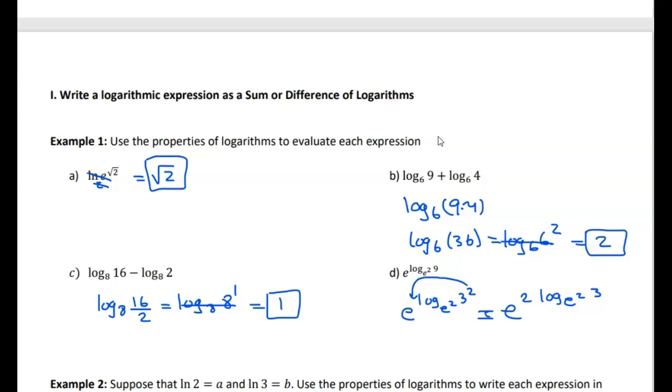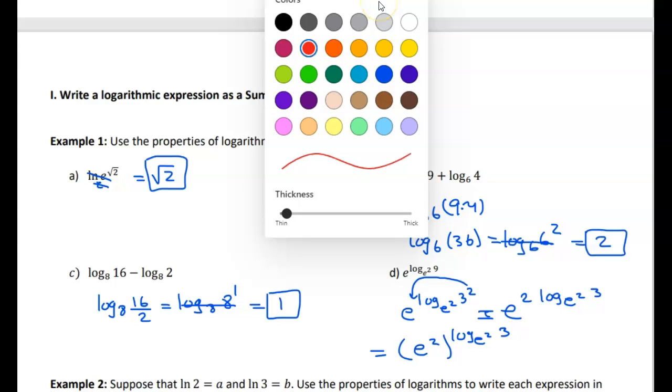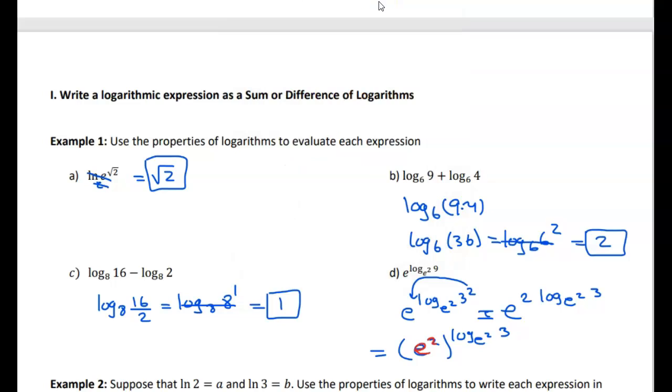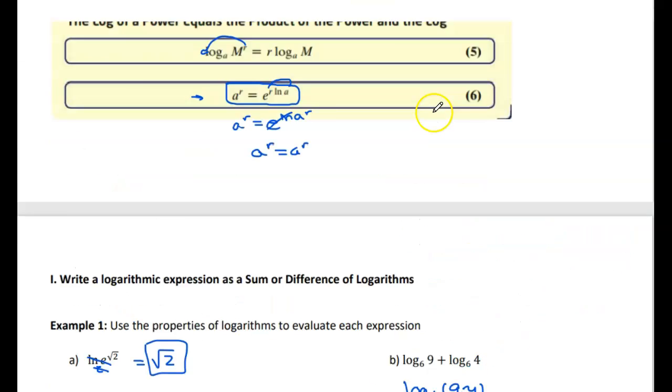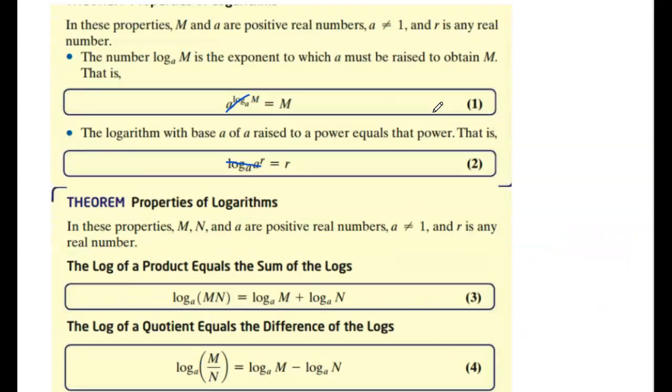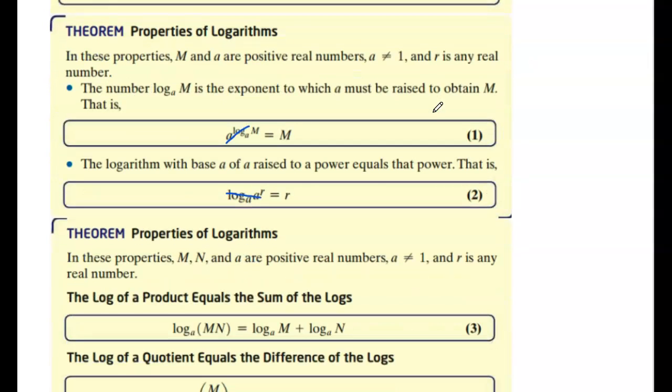Okay, so I'm going to write this as e to the 2 to the log base e squared of 3, and we can see that the bases match. So the base of this exponential is e squared, and the base of this log is e squared. Right? So this will be this property here.